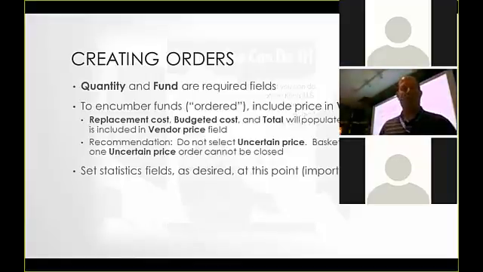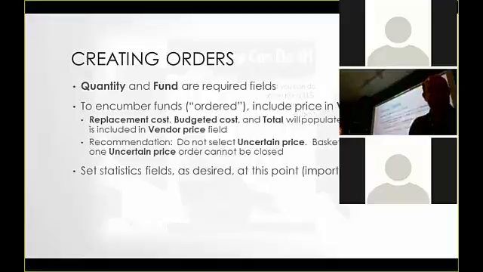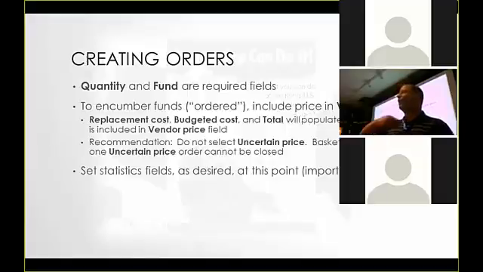Note that only the quantity and fund are required fields. If you are interested in providing encumbering amounts, you can put the price within the vendor price field. Entering the vendor price and leaving all of the rest of the information blank except quantity will pre-populate replacement cost, budget cost, and total.